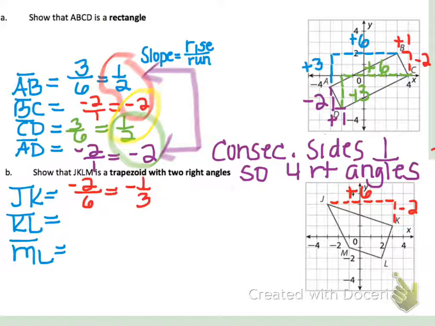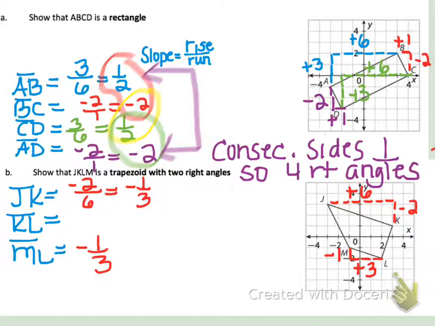Now I'm going to do the one across from it, ML, to make sure that they're parallel, and then we can look at KL. So ML, to go from M to L, I have to go down 1, and then 1, 2, 3 to the right. So my rise is -1, and my run is 3. So there we go.